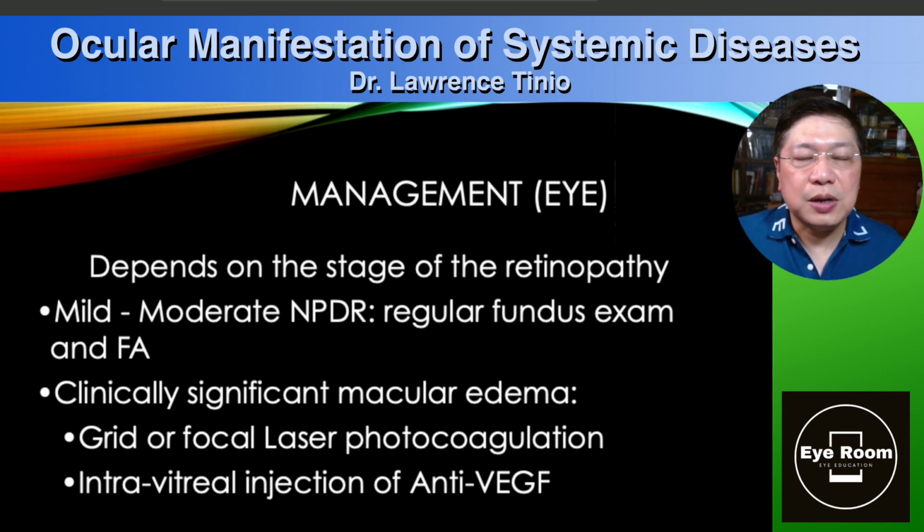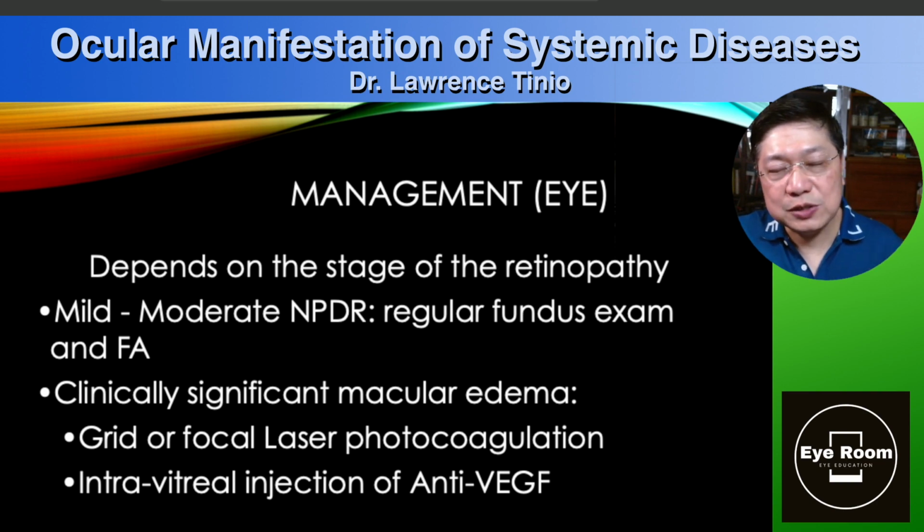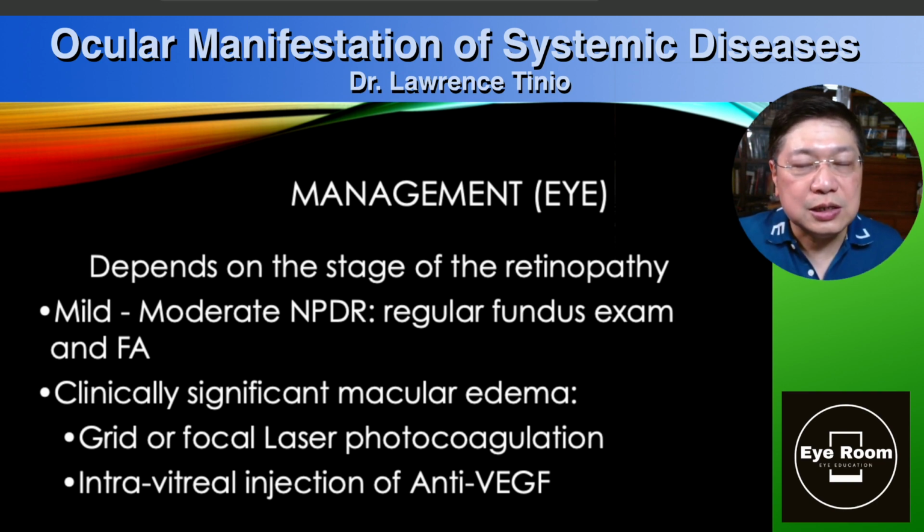If you start to have clinically significant macular edema, that means your patient's visual acuity would now be affected. You could have a grid or focal laser photocoagulation or a vitreal injection of an anti-VEGF, which should help control the neovascularization.